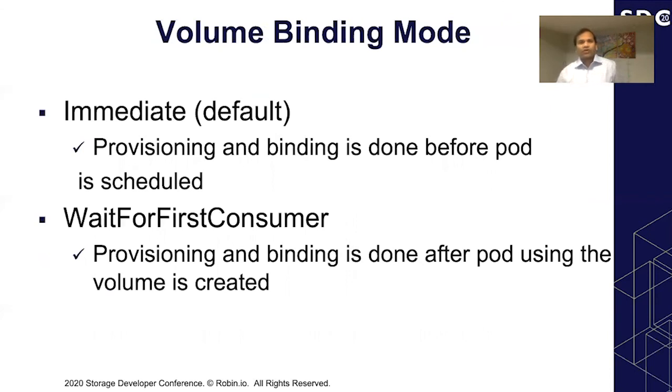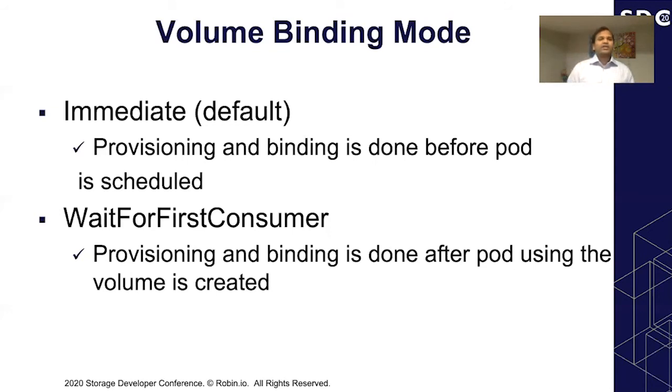And also there is a volume binding mode, which is set on a storage class. What this means is it determines when the allocation request of the volume is issued to the CSI endpoints implemented by the storage class. When a pod and a PVC are given to Kubernetes, in the immediate case both are executed in parallel: the pod placement and the PVC allocation are done in parallel.